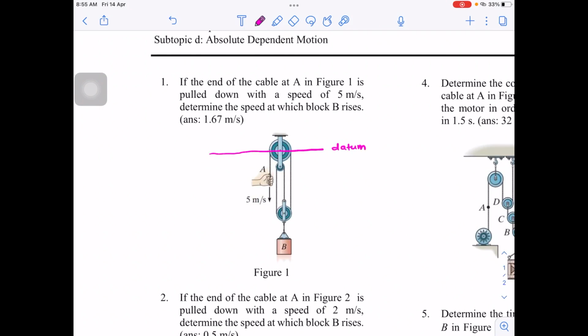Okay. So next, draw label position. So first, draw datum. Next, label position, with respect to datum.